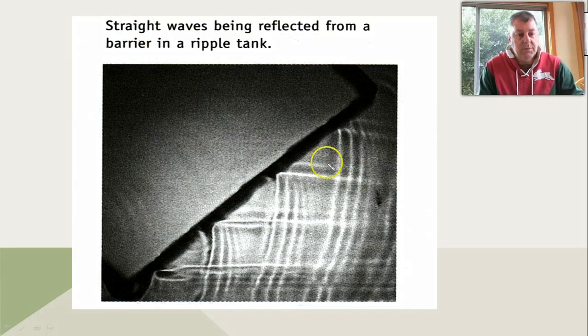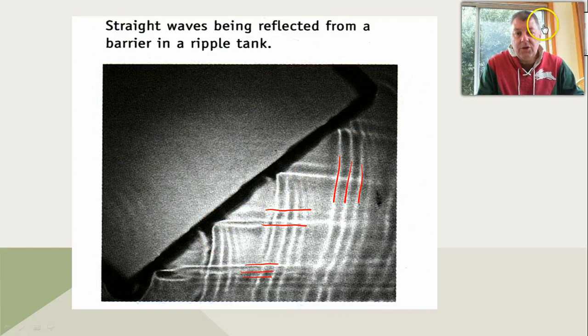So let's draw on this a little bit. There's our barrier, and here's our wavefront coming in, and they're a little bit lost here, but these are our reflected ones, and there's some here as well. Ripple tanks are notoriously difficult to see sometimes, so it's quite amazing that we've actually got this photo. And if we actually drew it, that's our normal, and our angle of incidence follows there.